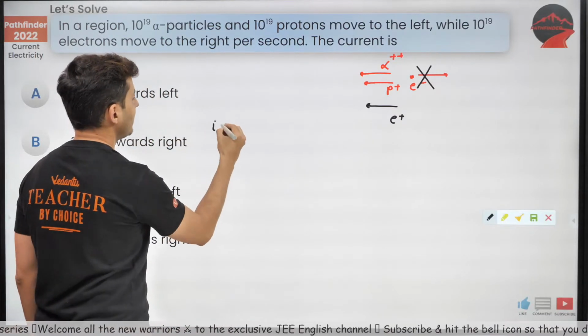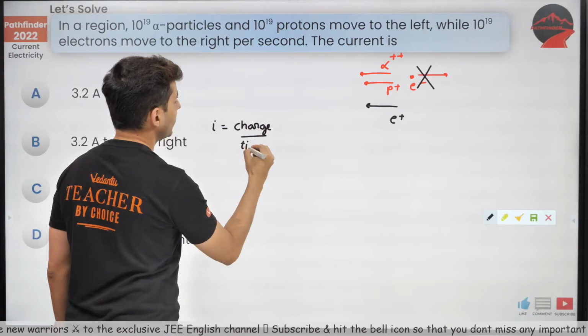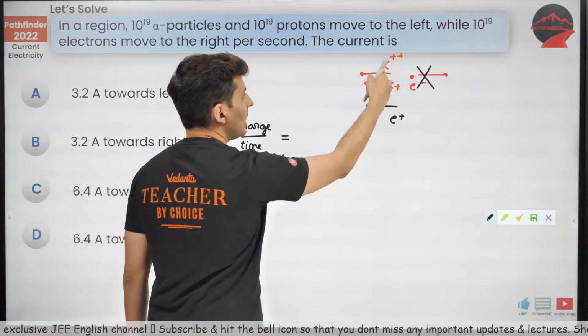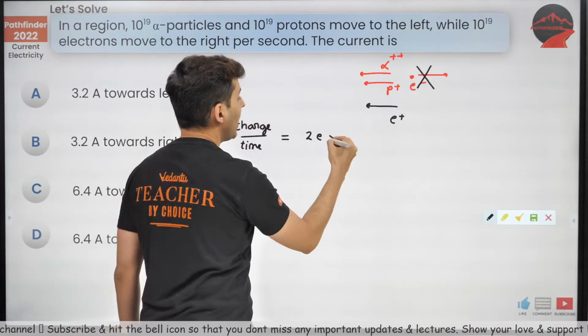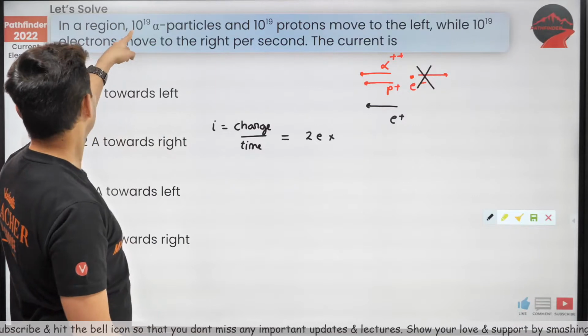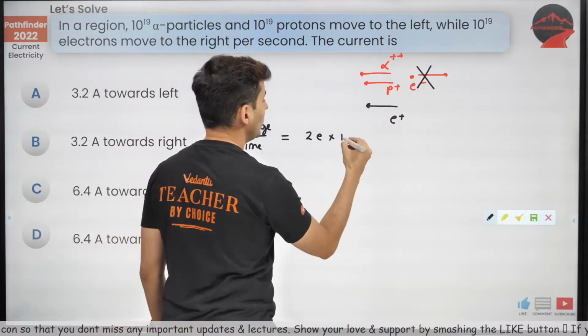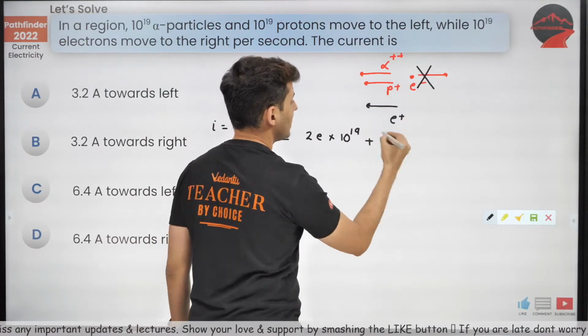So the current, which is total charge by total time, will be: alpha particle has 2e charge. But how many charges are there? Alpha particles 10 to the power 19 per second. So 2e into 10 to the power 19, plus protons have a charge of e.